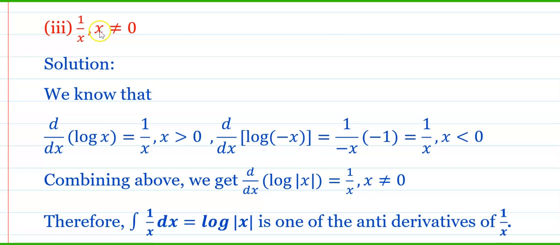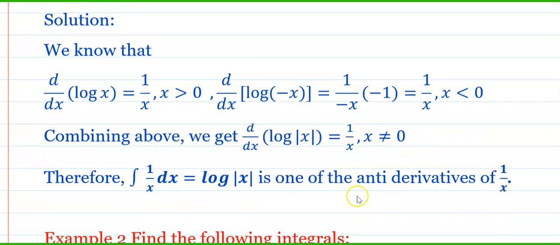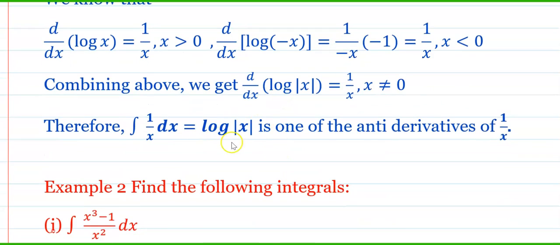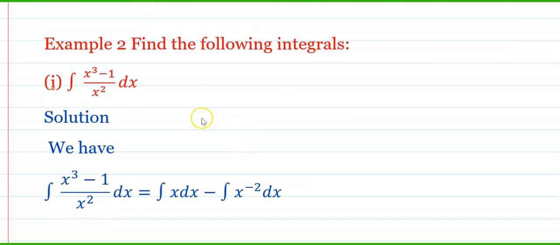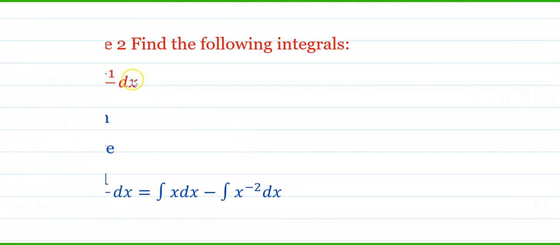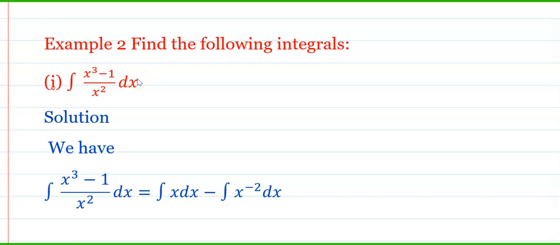It means that the derivative of log of mod x is 1 upon x. We want to find the integral of 1 upon x, and hence the integral of 1 upon x dx is nothing but log of mod x. Okay, now the next examples. These are examples we solve by the direct method of integration. Now the first example, integral of x cube minus 1 upon x square.